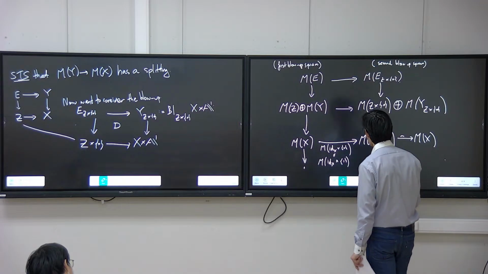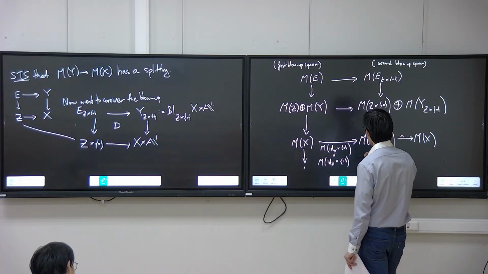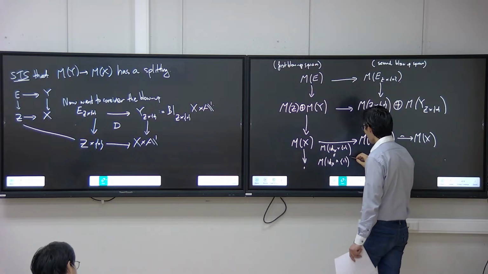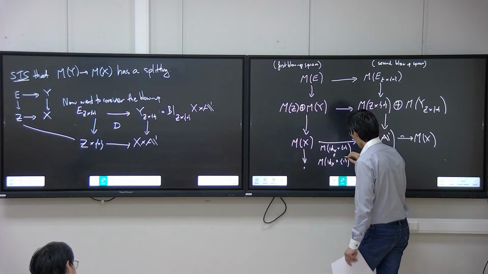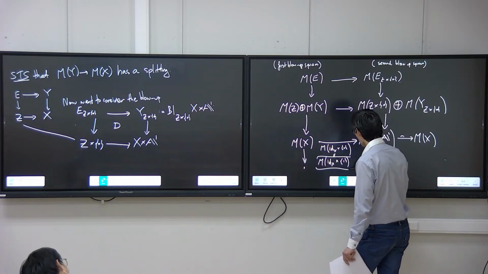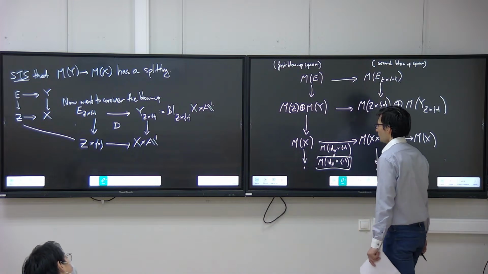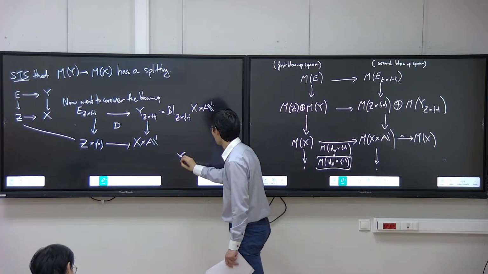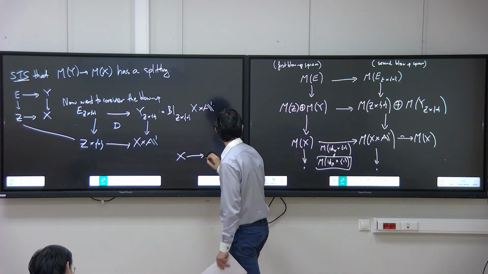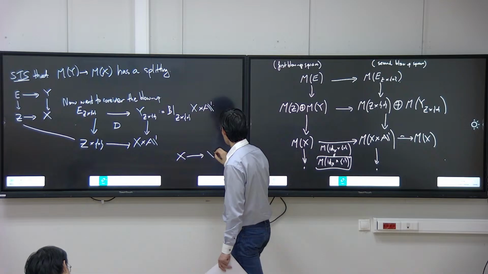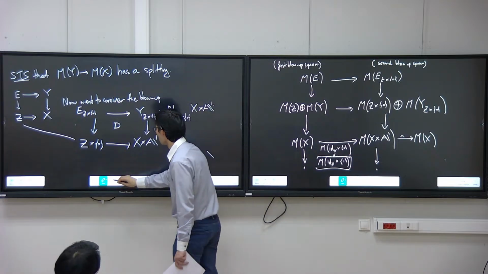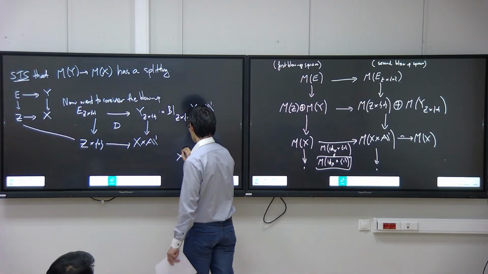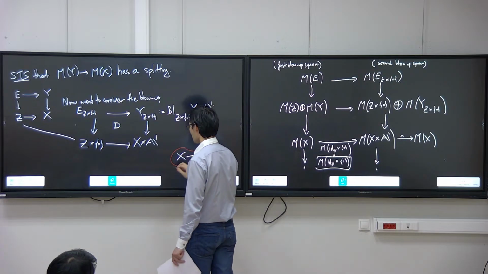On the other hand, if we look at the map id times 1, purely as a geometric thing, X to, sorry, let me rub this out. Start on a fresh page.